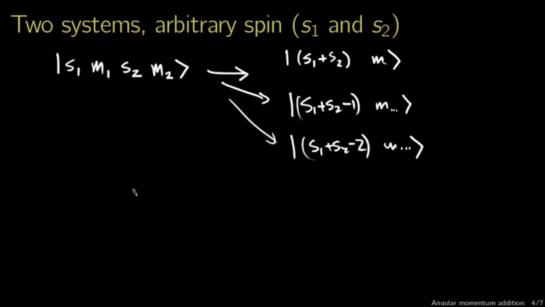As an example, suppose I want to combine a spin 3/2 quantum mechanical system with a spin 1 quantum mechanical system. Your 3/2 quantum mechanical system has allowable z components of angular momentum 3/2, plus 1/2, minus 1/2, and minus 3/2 for a total of 4 states, whereas your spin 1 quantum mechanical system has allowed z components of 1, 0, and minus 1, 3 states.